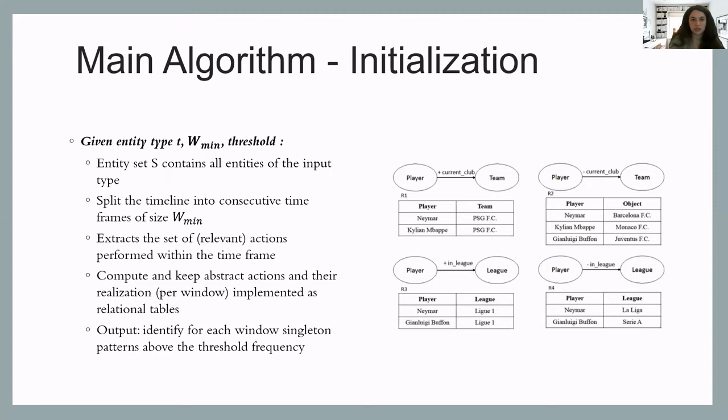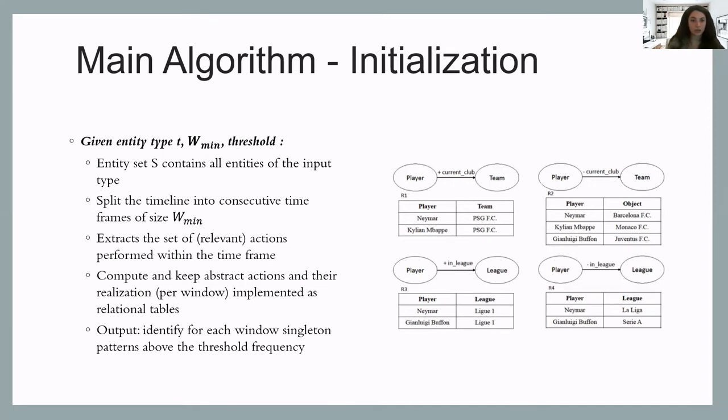The main stages of our algorithm: the first one is the initialization. So we get a type as an input, a default window size and a threshold. We then get all the entities from that type. We split the timeline into time windows and then extract the relevant actions performed within each time frame.